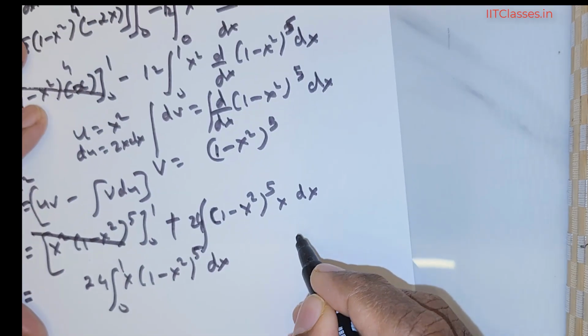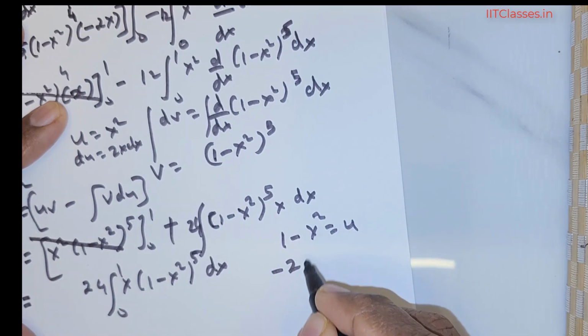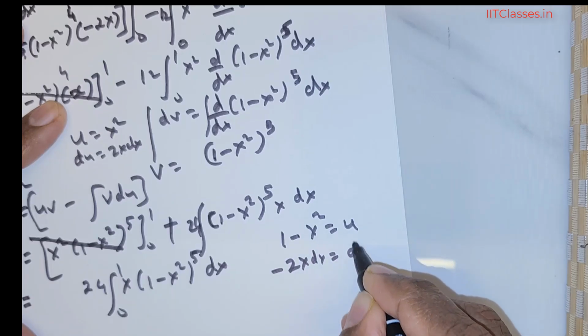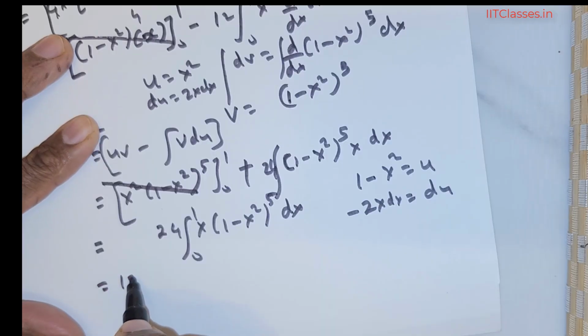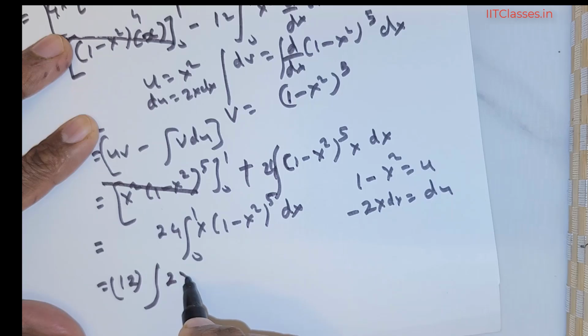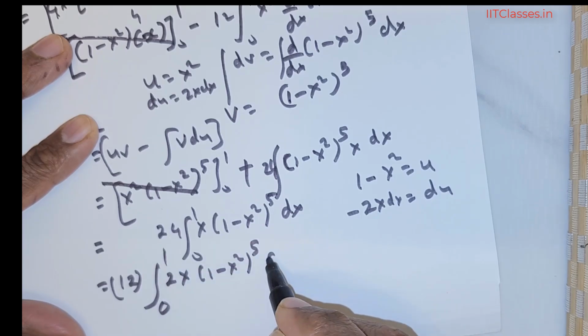The limits are 0 to 1. Now if I were to take 1 - x squared to be equal to some u, negative 2 times x dx is equal to du. So I can rewrite this as 12 times 2 times x (1 - x squared) raised to the power of 5. The limits are 0 to 1 dx.